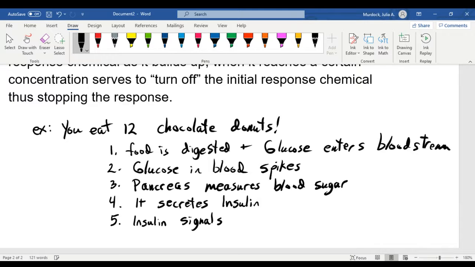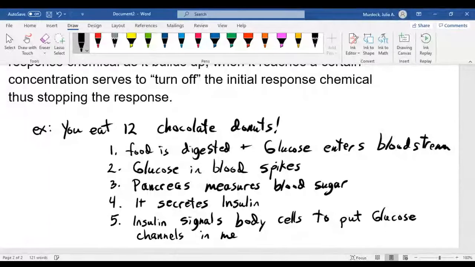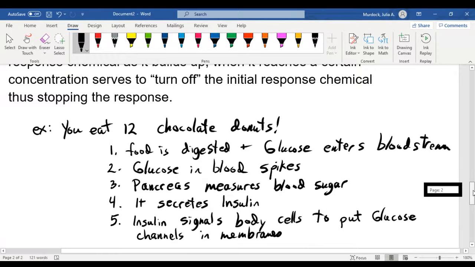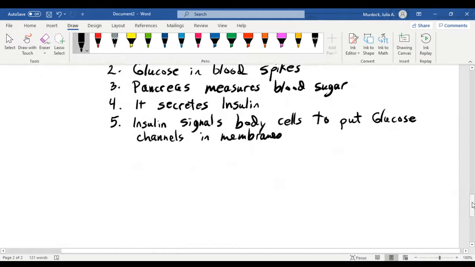The insulin signals body cells to put glucose channels, or glucose doorways, however you want to say it, glucose channels in membranes, a whole bunch of them, and that means that the glucose will flow into the cells and out of the blood, right?